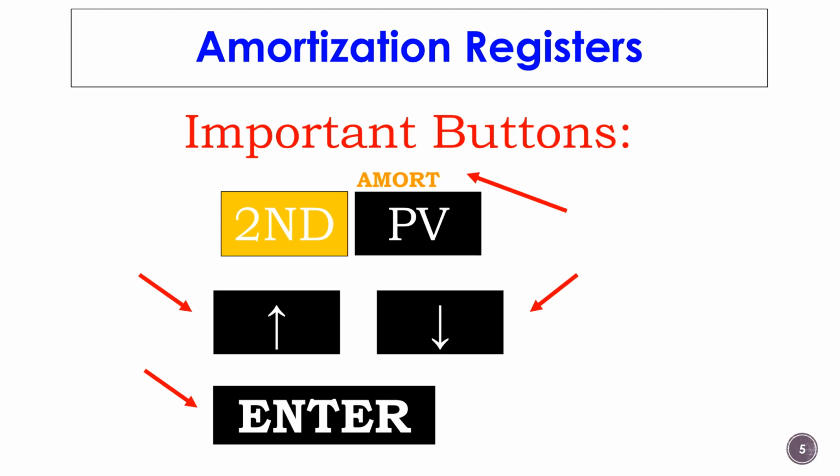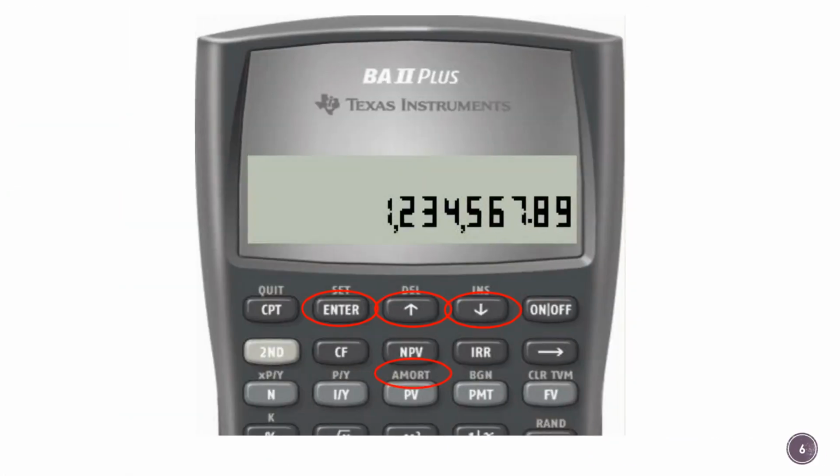You're going to use your keys on your calculator to scroll down and scroll up, and we're going to use the word enter. And so all of this is important to get to your keys. So second PV puts you in the amortization schedule. You would have to have a loan on your calculator to really see what's going on.